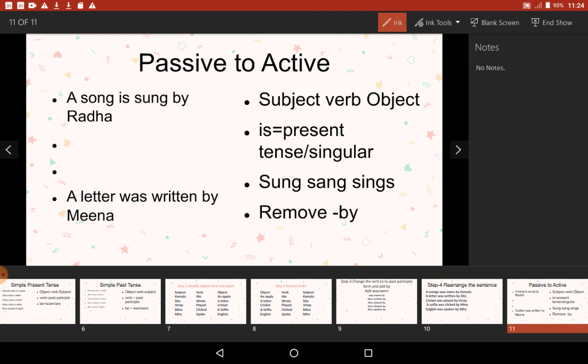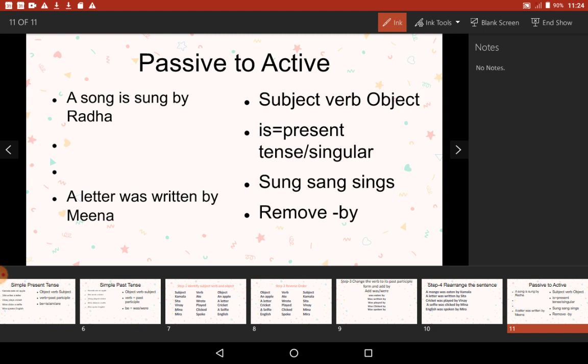Now the active voices are very easy to understand, to identify, whereas passive voices may be slightly difficult because passive voices come with extra words in them. To make them passive, we would have added some extra words.